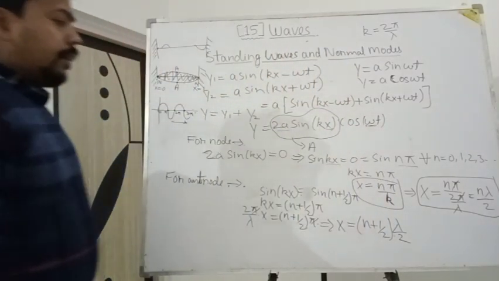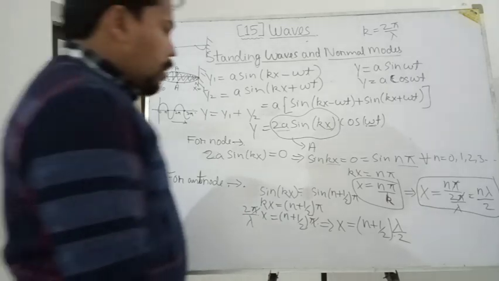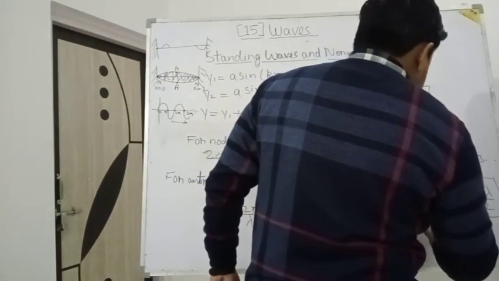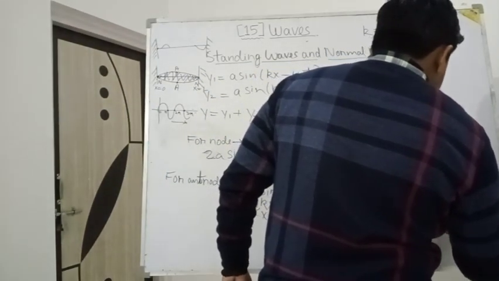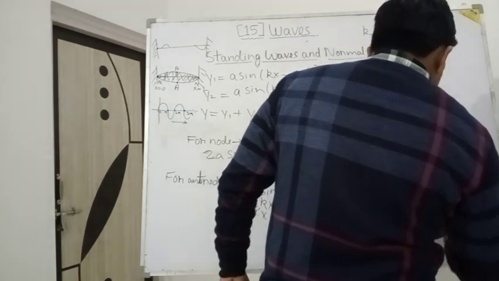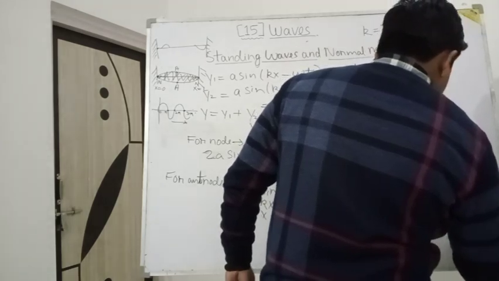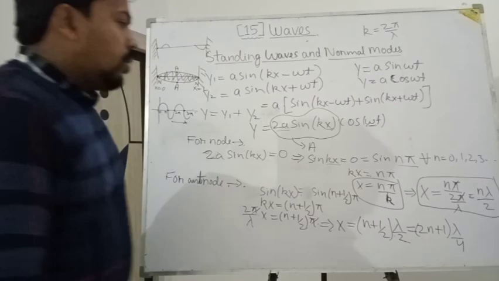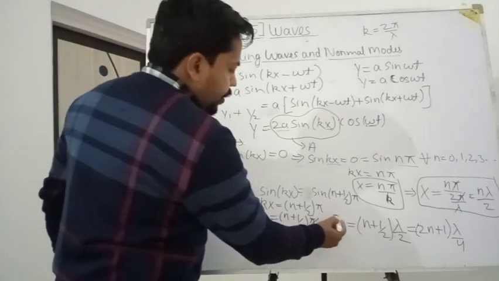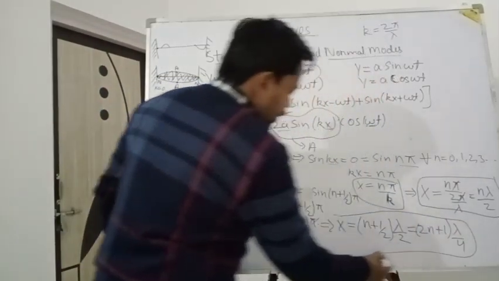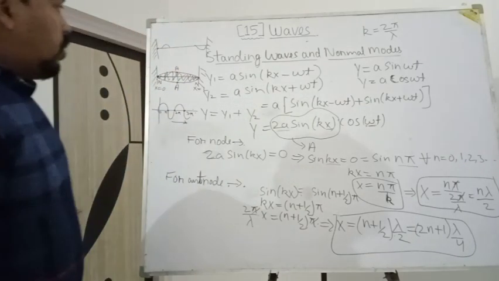This is the value we get. Or if we simplify it further, we get (2n plus 1) lambda upon 4. So like this you can define the position of the antinode in this case.